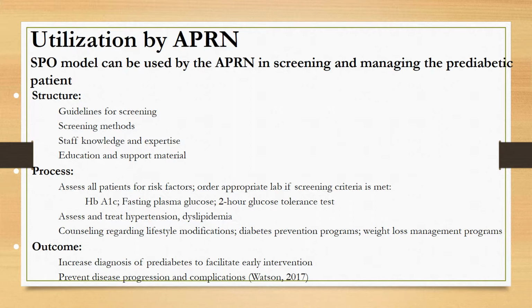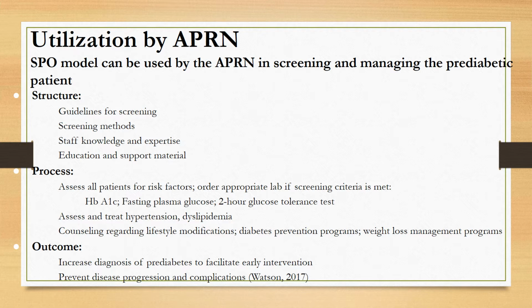Process measures would include assessing all patients for risk factors, which could include any adult with a BMI greater than 25, immediate family history of diabetes, a history of hypertension or cardiovascular disease, and sedentary lifestyle, as well as ordering the appropriate labs if screening criteria is met, in which the American Diabetes Association says a hemoglobin A1C of 5.7 to 6.4%, or a fasting blood glucose of 100 to 125, or a 2-hour glucose tolerance test of 140 to 199 is considered pre-diabetic.